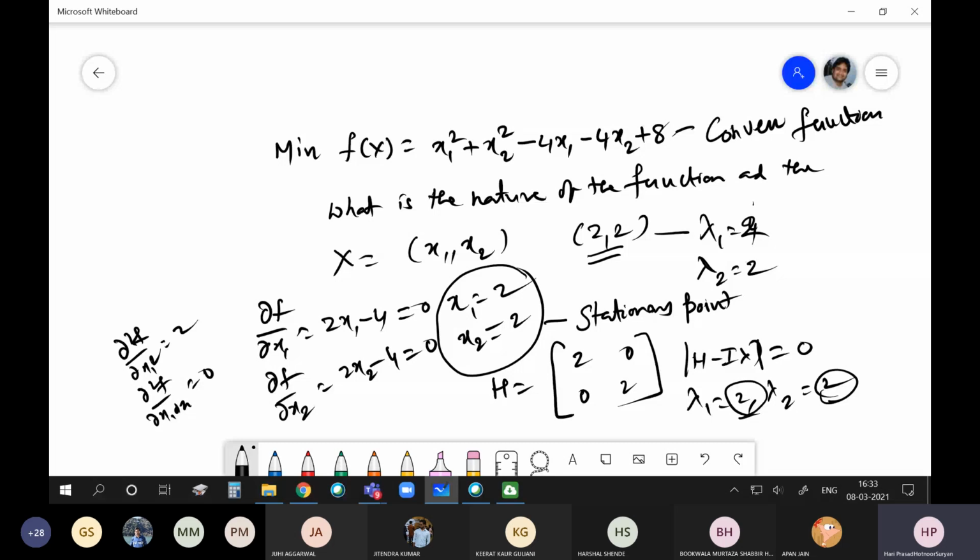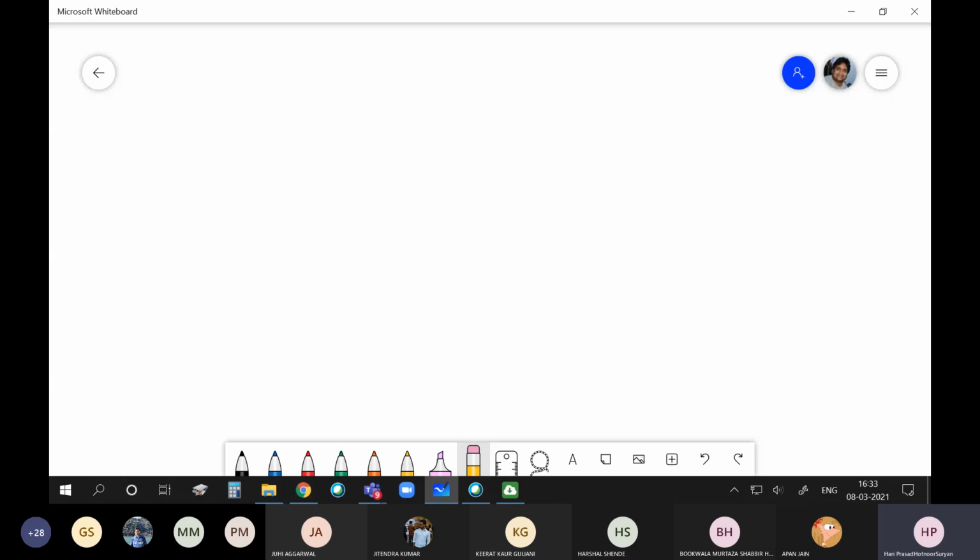Now let us take one more example, in which we can see local minima and local maxima.